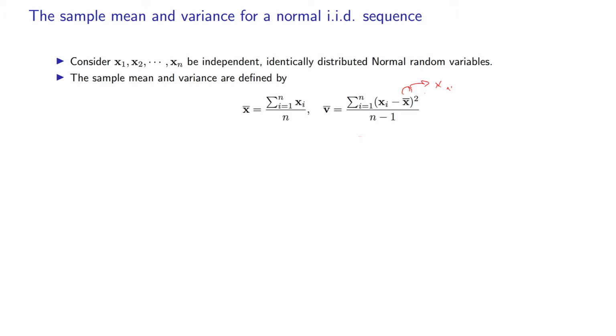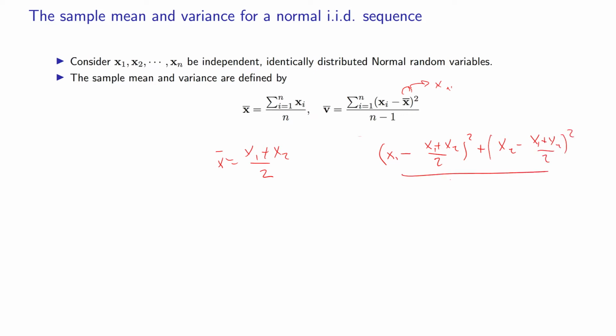If you have n equal 2, x bar is equal to (x1 plus x2) divided by 2, and then you will have (x1 minus (x1 plus x2)/2) to the power 2, plus (x2 minus (x1 plus x2)/2) to the power 2, and then divided by something.